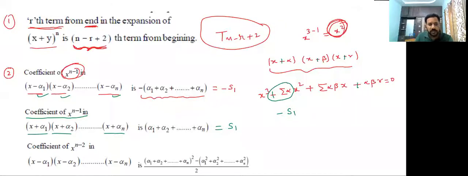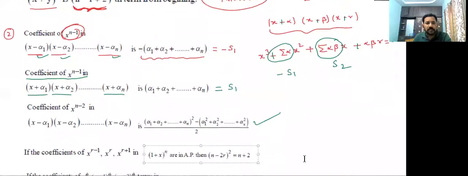The coefficient of x^(n−2). x^(n−2) means what? This is only S2, yes or no? S2 means Σαβ. How to find that? This is the shortcut formula. See here, what is the shortcut formula?